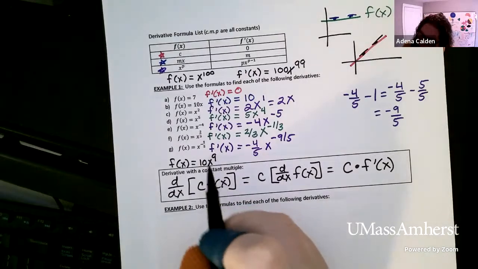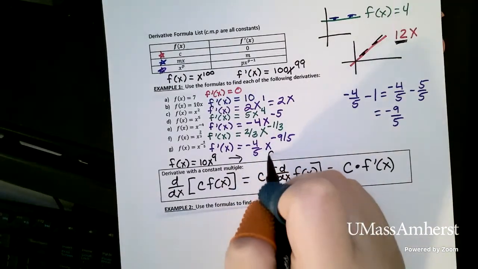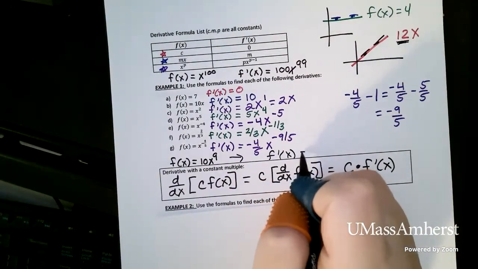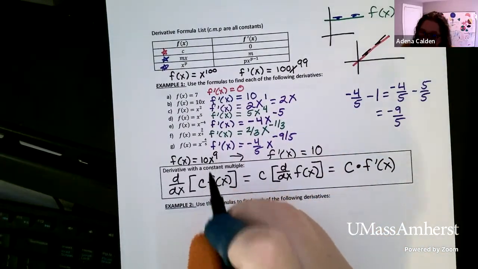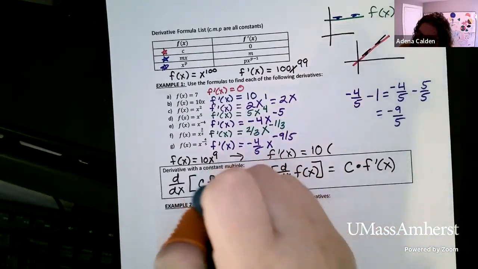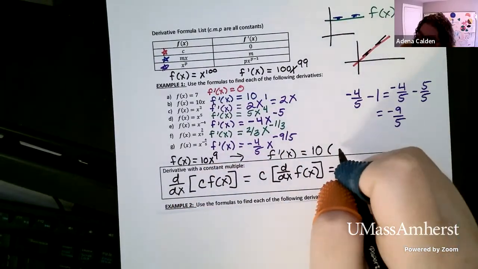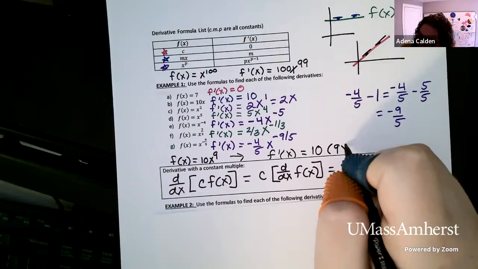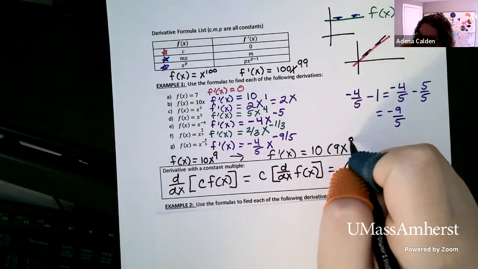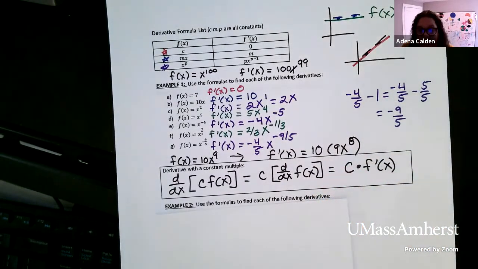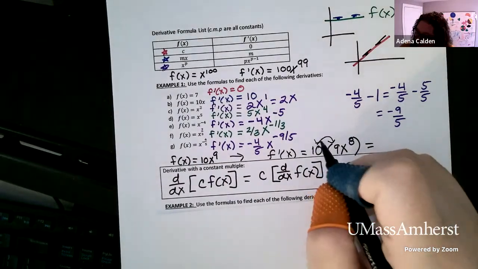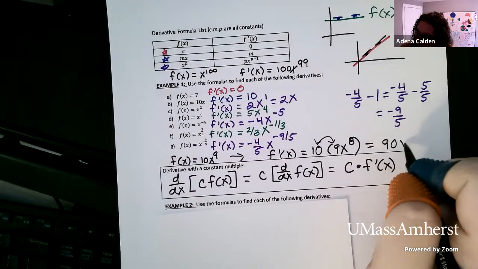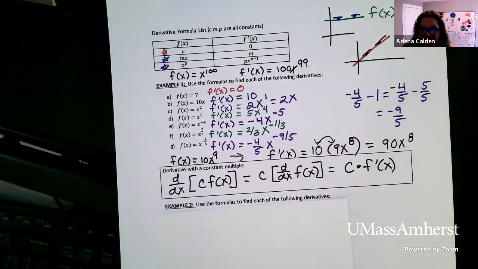When we take the derivative, the constant, which was 10, multiplies the derivative of that function. So we take the x to the 9th and apply the power rule, and we get 9x to the 8th. Then we multiply the two constants together and get 90x to the 8th.